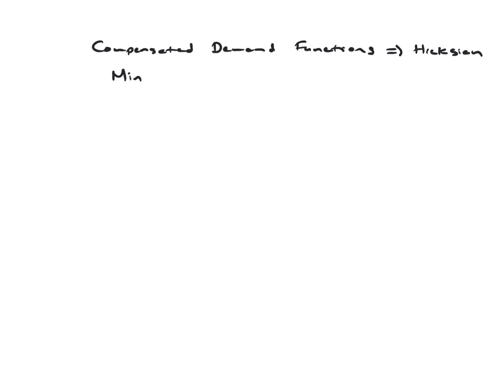In this case, what we're looking to do is minimize our spending on goods X and Y, subject to staying on a utility target. So we want our utility function to be equal to some utility level. I'll call that U bar.